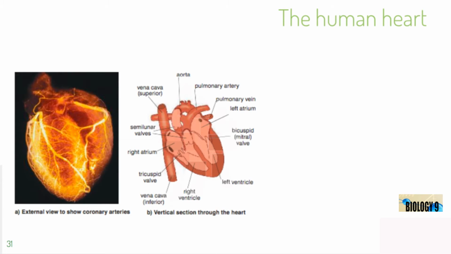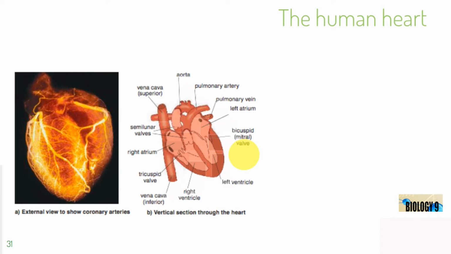And the muscular walls are supplied with blood by the coronary arteries. The muscles within the heart also need to get a lot of oxygen, and they also need to get rid of a lot of carbon dioxide because they are a muscle themselves.